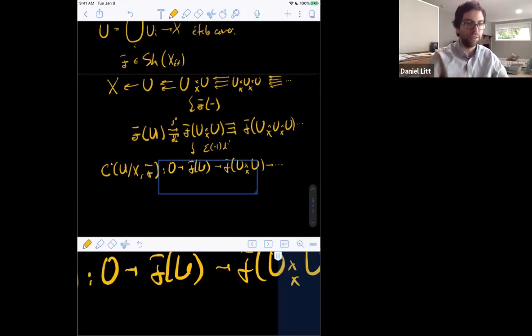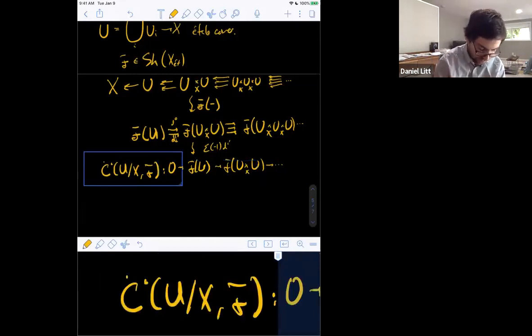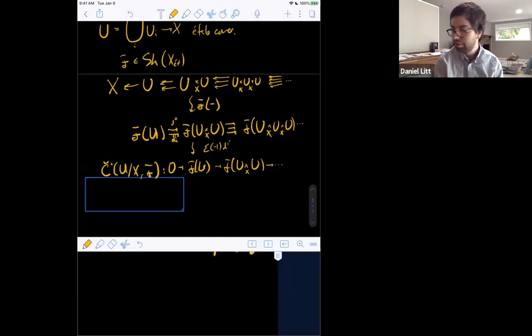It's not necessarily a section, for example, from U_i to U_i cross U_i over X. For example, U could just be a single finite étale cover of X. Okay, and sorry, I should put a little hat here to say Čech.